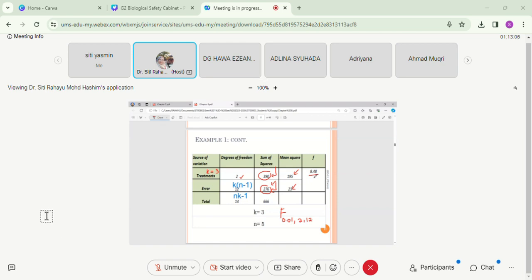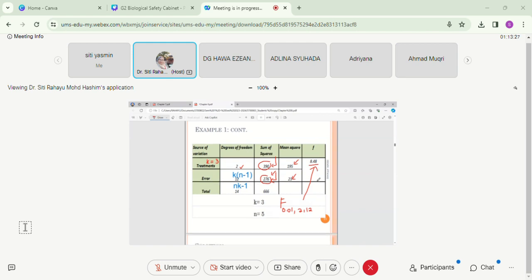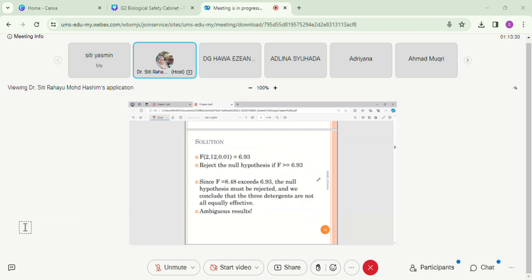You need to compare the F statistic, which is 8.48, against the F critical value from the table. Then you will know whether you should reject or shouldn't reject the null hypothesis. The F critical value from the table is 6.93, meaning that the F statistic is greater than the F critical value.